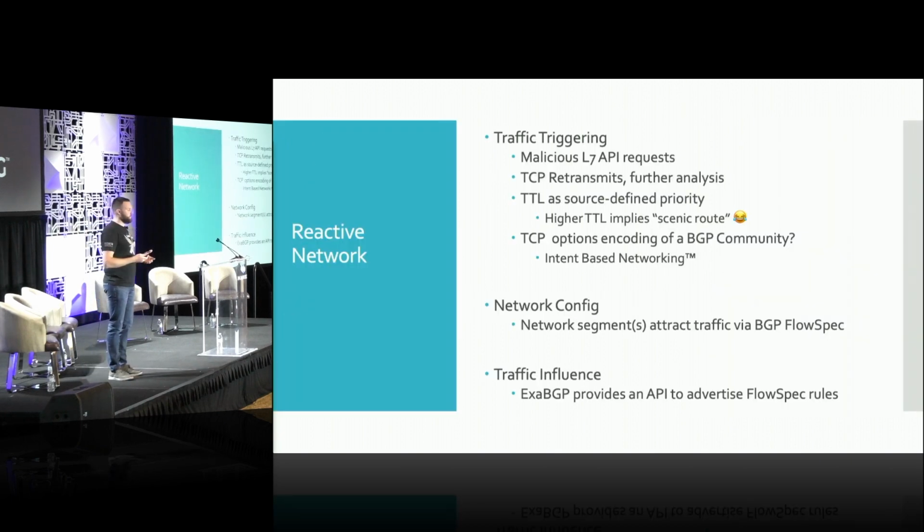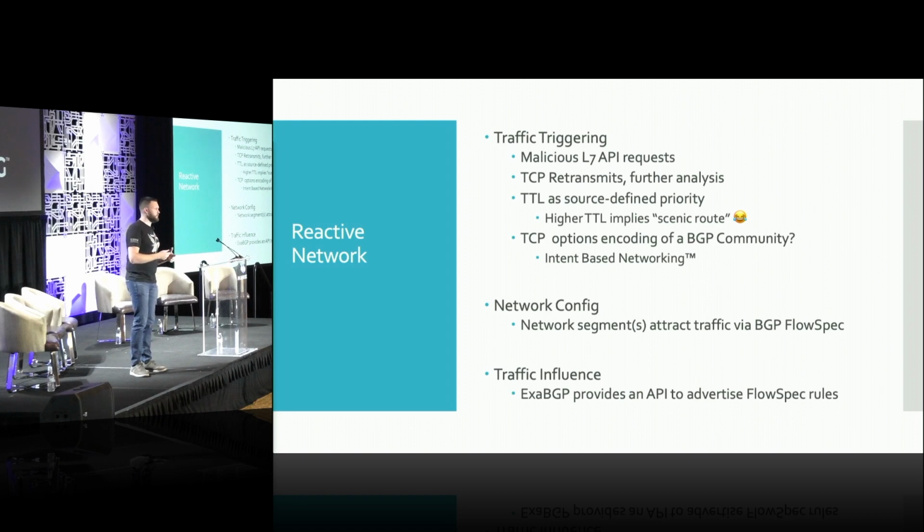In a reactive network, for traffic triggering we could do more advanced things like looking at malicious layer 7 API requests or counting TCP retransmits and doing further analysis, maybe using TTL as a source-defined priority. So if we have a TTL that comes into our network of higher than 200, we send it around the scenic route.